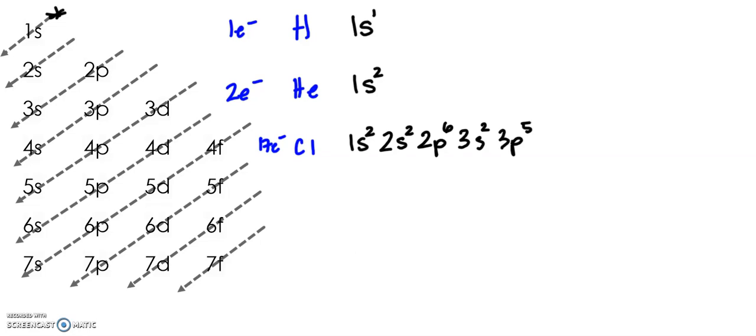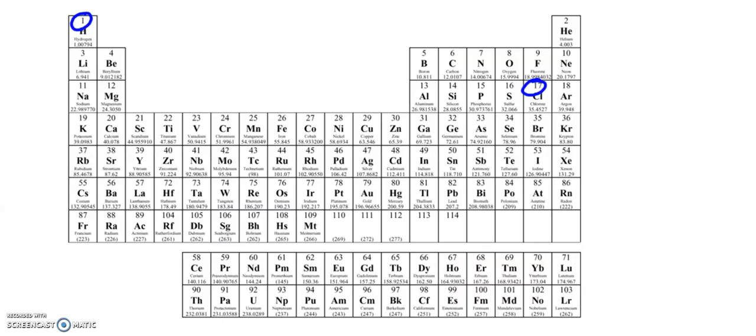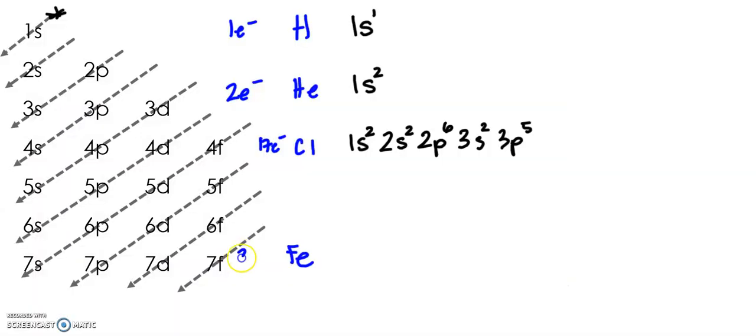All right, so let's do a little bit bigger. Let's do iron. And I'm going to leave some space here because I'm going to come back to chlorine in a minute. All right, iron has 26 electrons. So we start at the beginning, 1s2, 2s2, 2p6, there's 10.